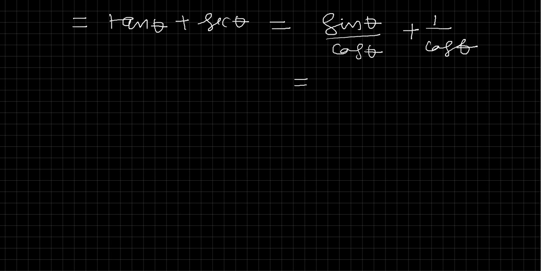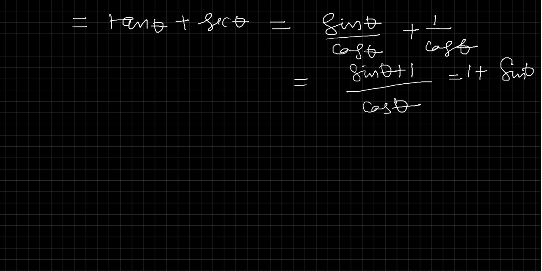So cos theta is the common factor, and in the numerator we get sin theta plus 1, that is (1 plus sin theta) divided by cos theta. And if you look at the problem, that is equal to the right hand side.